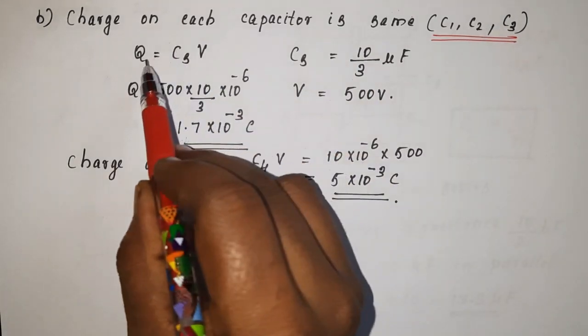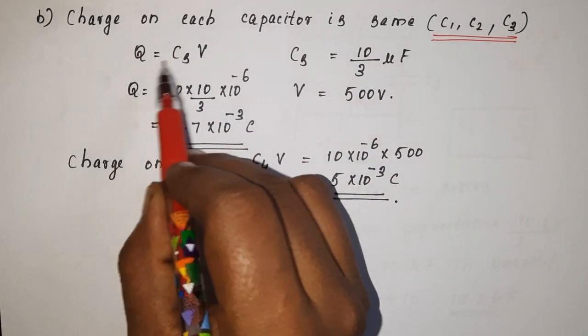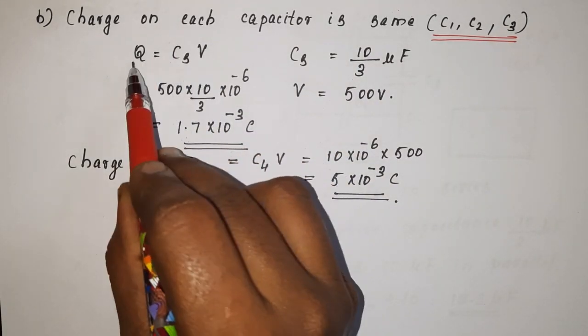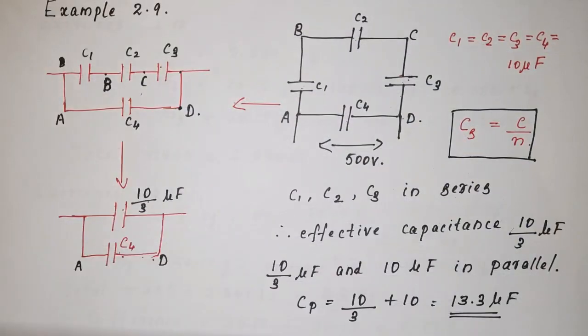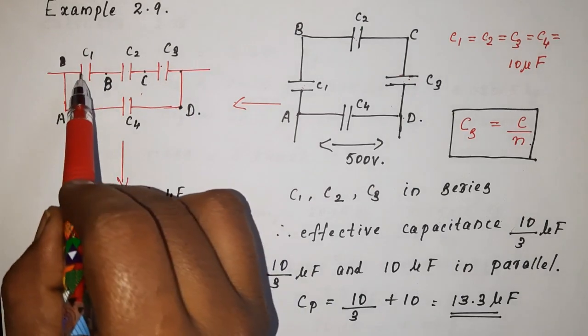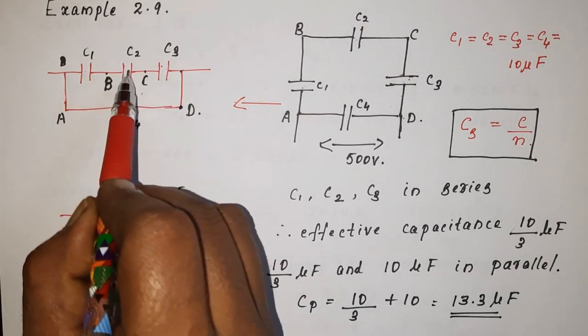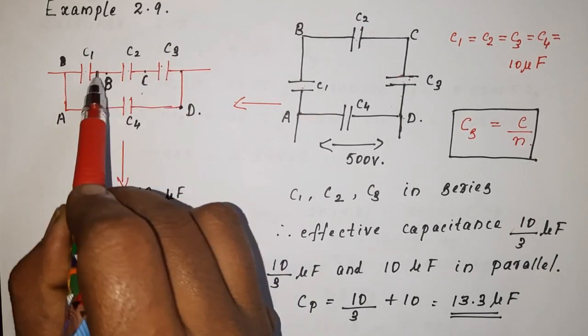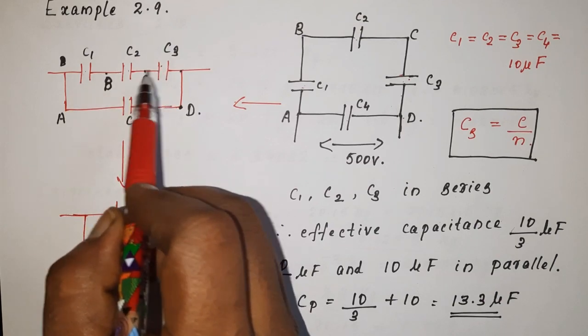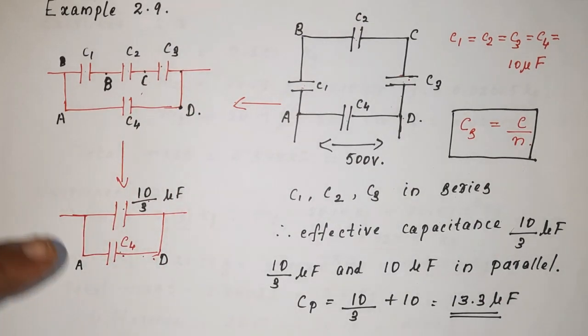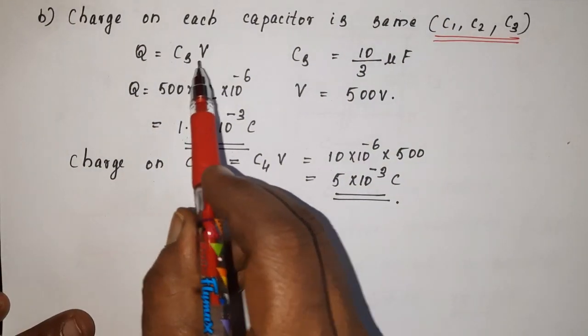Since we have already found the combination capacitance, it is better to use this equation, Q equal to CsV, because for the combination and for each capacitor in the series combination, the charge stored will be the same.